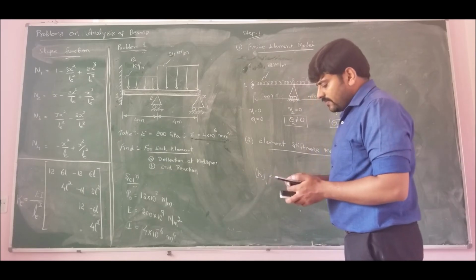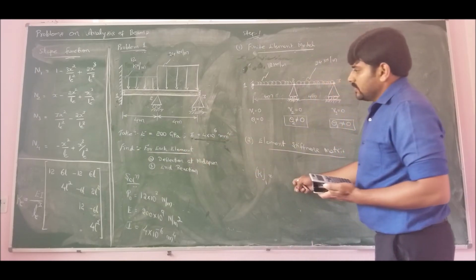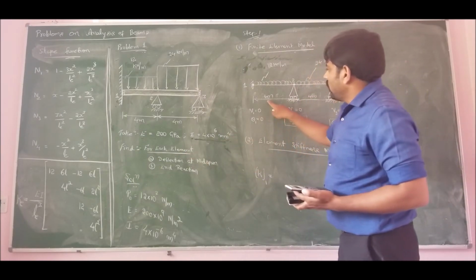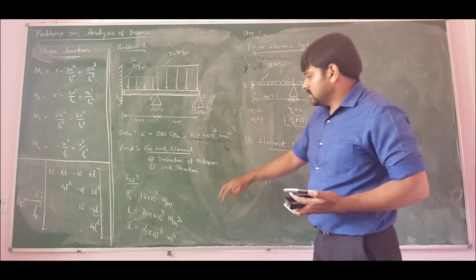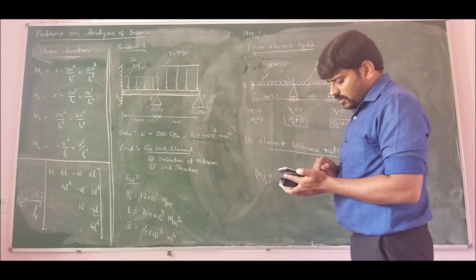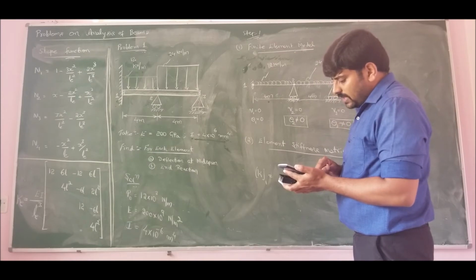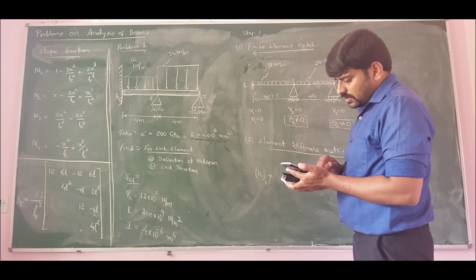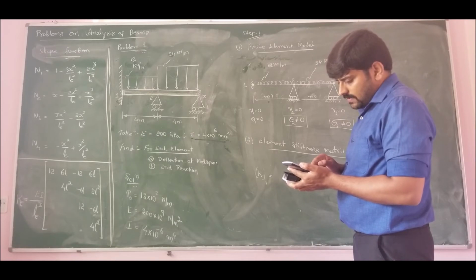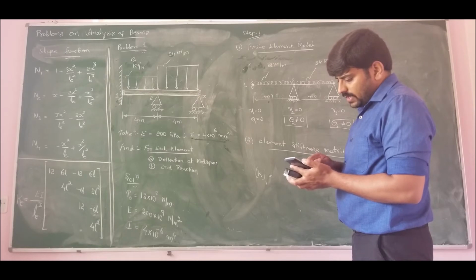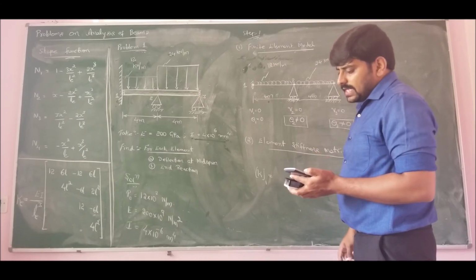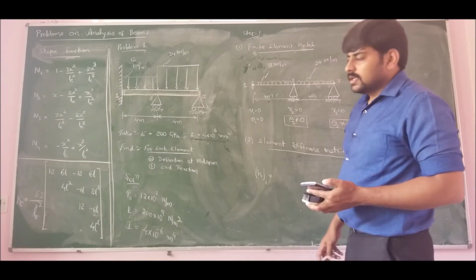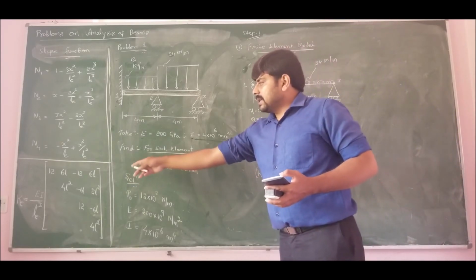If I substitute into that formula for element 1, and simplify, I will get 200 into 10 to the power of 9 multiplied by 4 into 10 to the power of minus 6 divided by 4 cube. So we will get 12,500 as the common factor, and 12,500 should be multiplied inside the matrix.